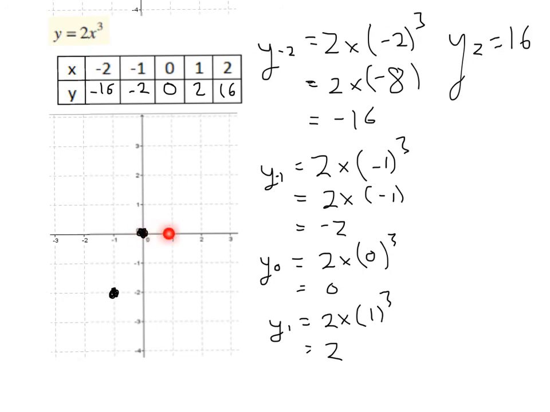The next pair, 1, 2, so across 1, up 2. Now, I want you to remember that the next point, 2, 16, is all the way up there. So it's very, very tall. The graph is going to look something like this. And that's what we call a cubic.